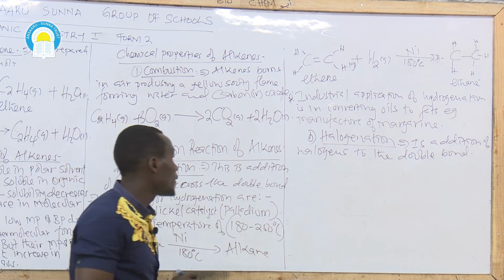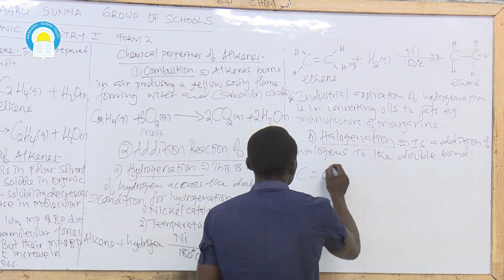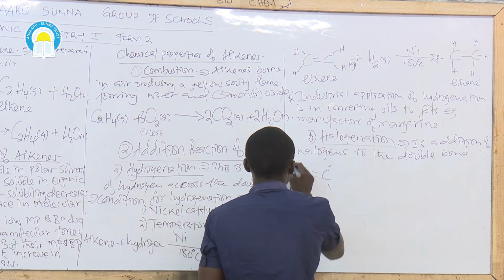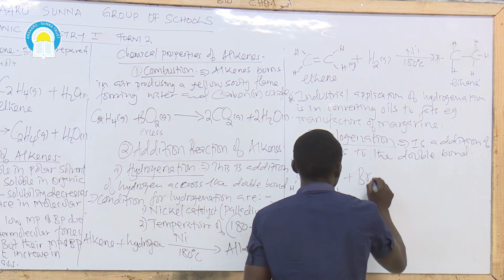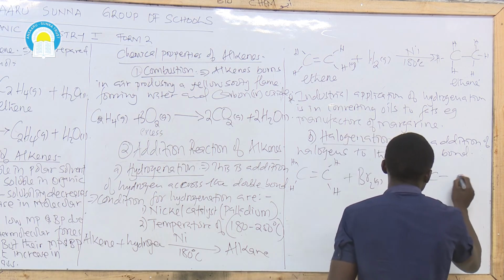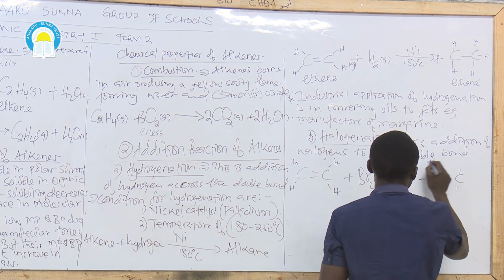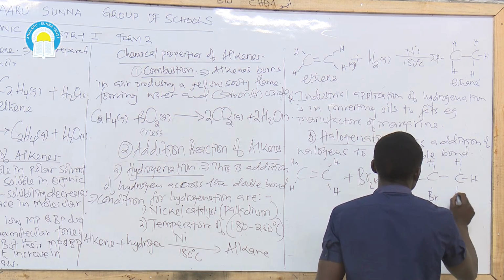For example, if we have ethene, this is ethene, with four hydrogens, and we are adding a bromine molecule. This gives us C, C with a single bond, four hydrogens, and bromine, bromine.